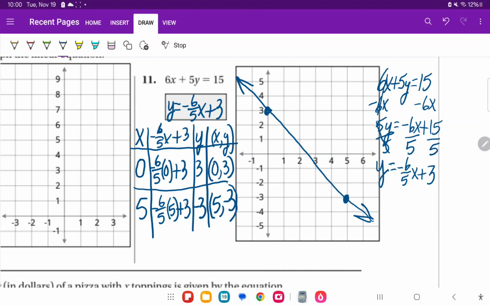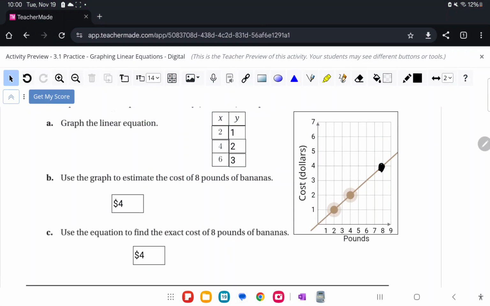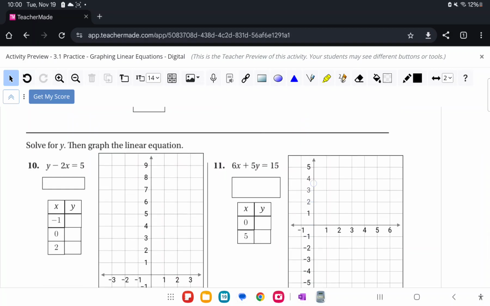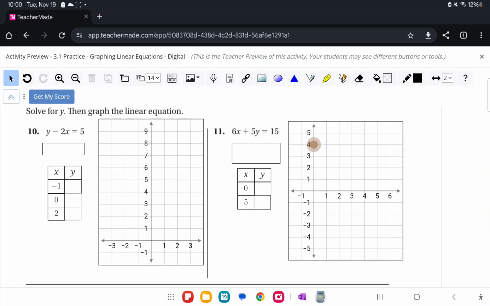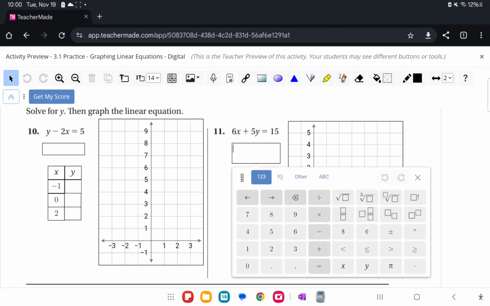Okay, so we're going to put that in on the computer over here. I'm going to walk you through that. So let's look at number 11. On number 11, we're going to put in negative, hit this, and we'll do 6, and then that's a 5.